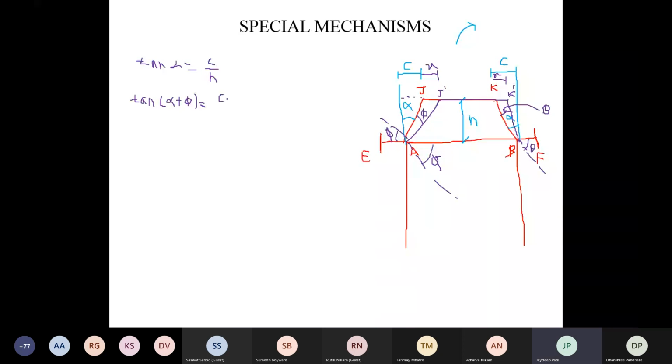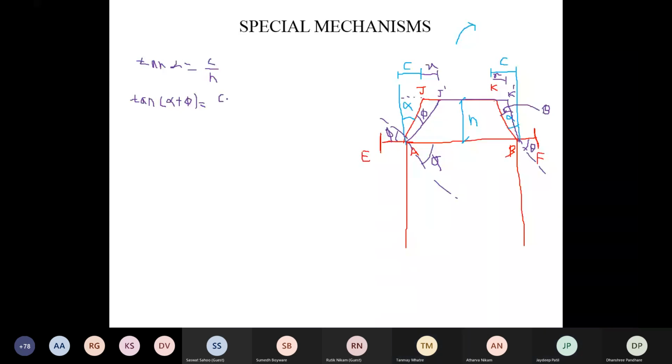Now, with this bracket, tan of alpha plus phi means what? It is in the form of tan of A plus B, so you have to expand the bracket. क्या आएगा? Tan alpha plus tan phi divided by 1 minus tan alpha tan phi.